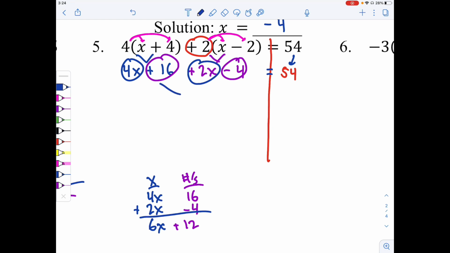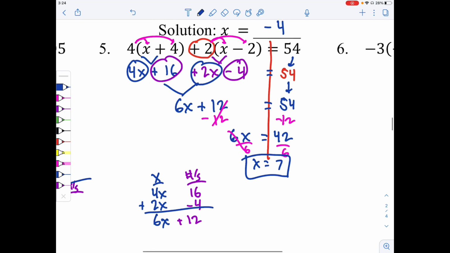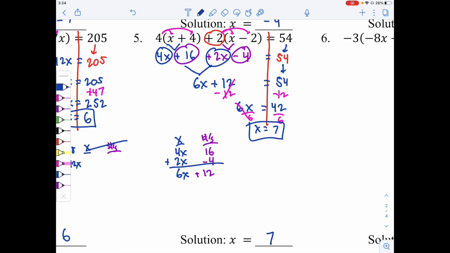So all of this combined is going to give us 6x plus 12. We still have equals in the middle, 54. Now we have an equation that we can solve. Right, subtract 12. So we have 6x equals 54 minus 12, 42. Detach 6 by dividing it. X equals 7. So x is equal to 7.